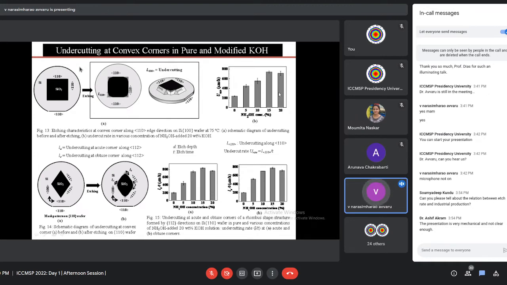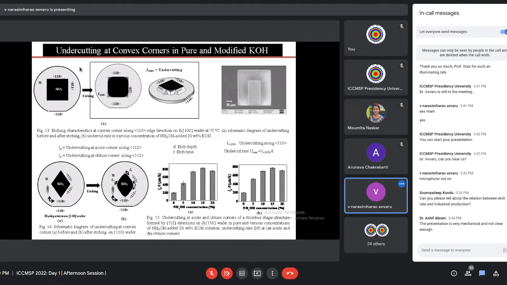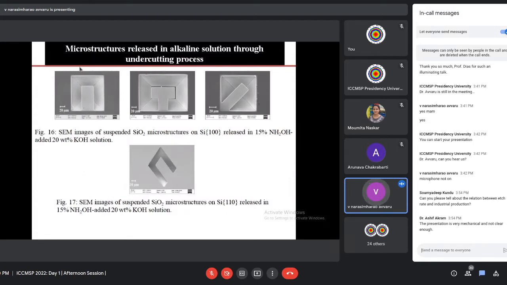This is very important in MEMS applications. We want undercutting for some applications, like fabrication of cantilever structures and suspended structures. We successfully fabricated released cantilever structures and different shapes in this modified solution quickly.